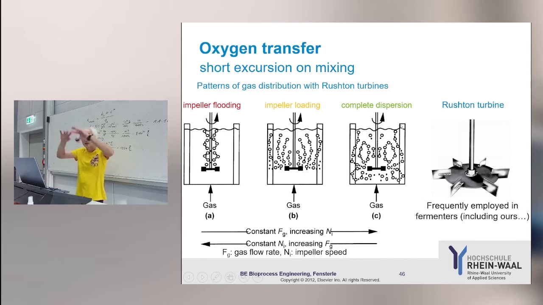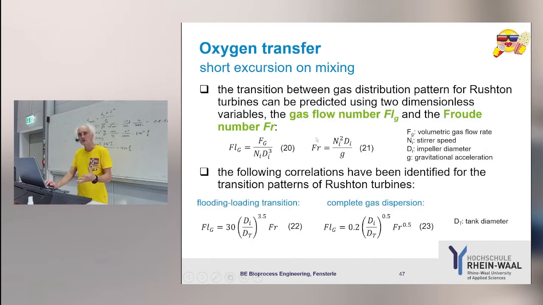Complete dispersion means that you have turbulent characteristics, but you have a dispersion which goes in all directions. And long story short, you can calculate that. This is, of course, something empirical. And then you have these gas flow numbers, Froude numbers, and for a Rushton turbine you can come up with these numbers for the flooding-loading transition and complete gas dispersion, and then you can plot that also.